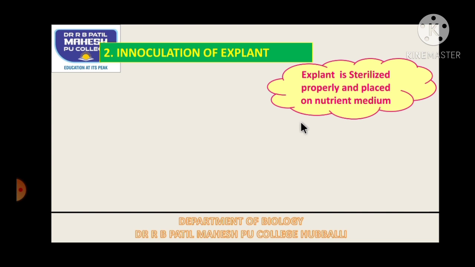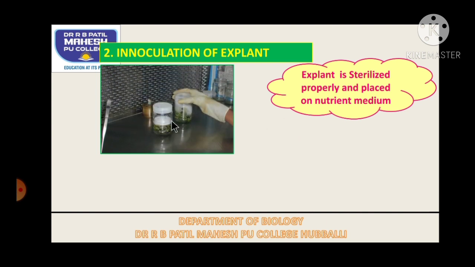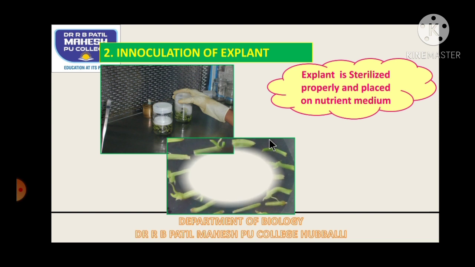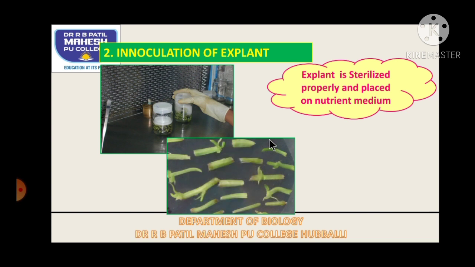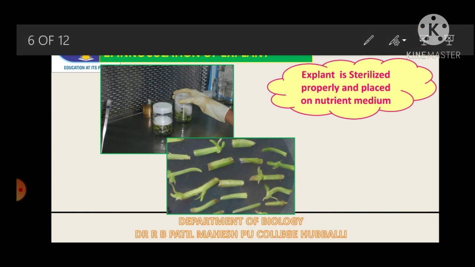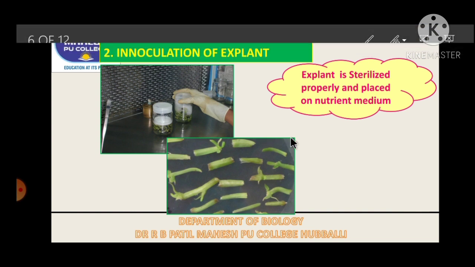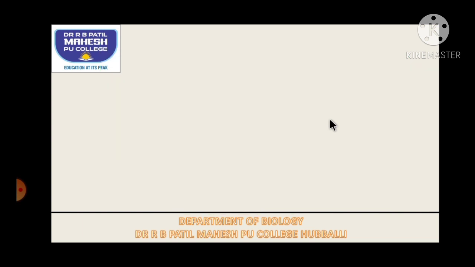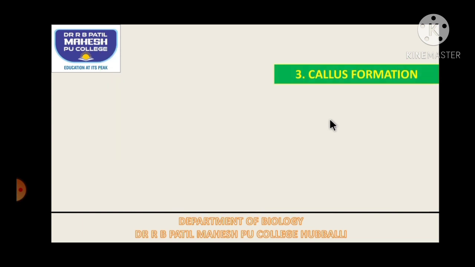This step is called inoculation of the explant. The process is done in aseptic, hygienic conditions, and before we do inoculation, all the equipment like forceps, beaker, and even our hands are sterilized. That's an important step.